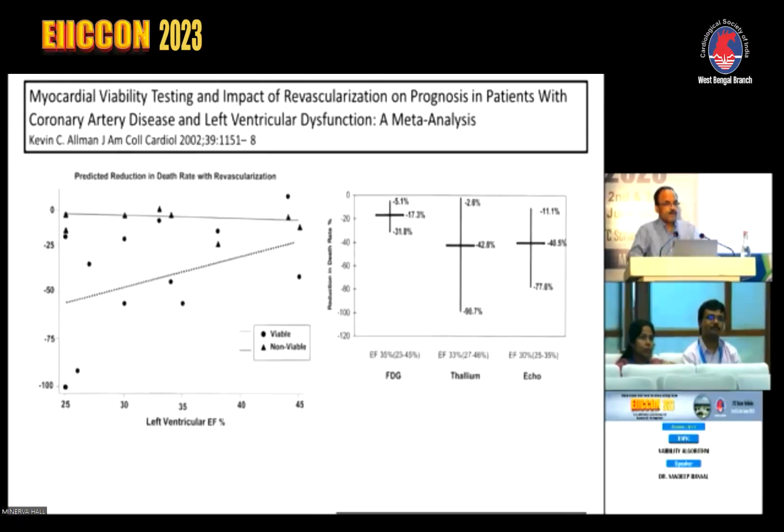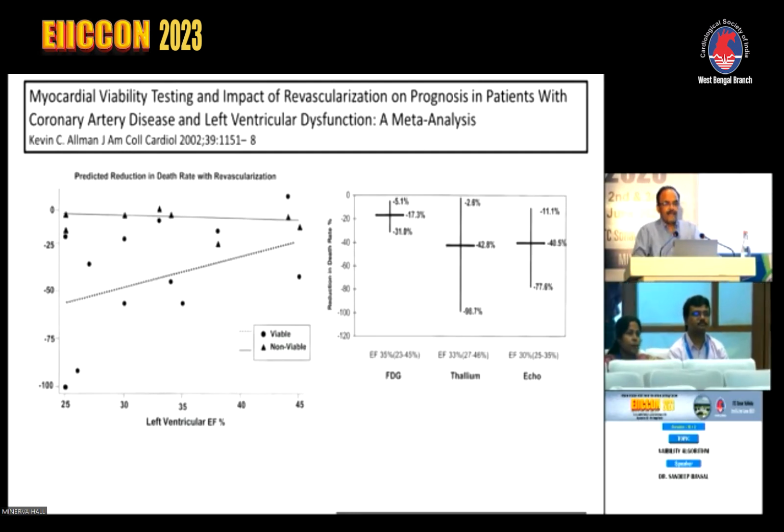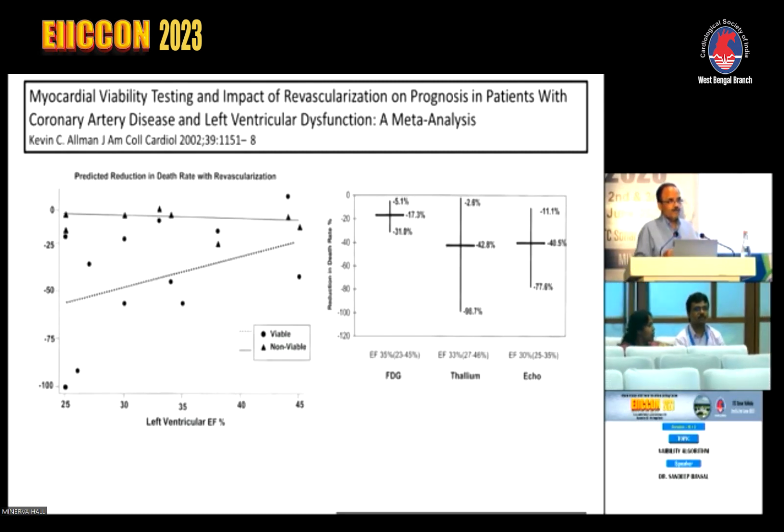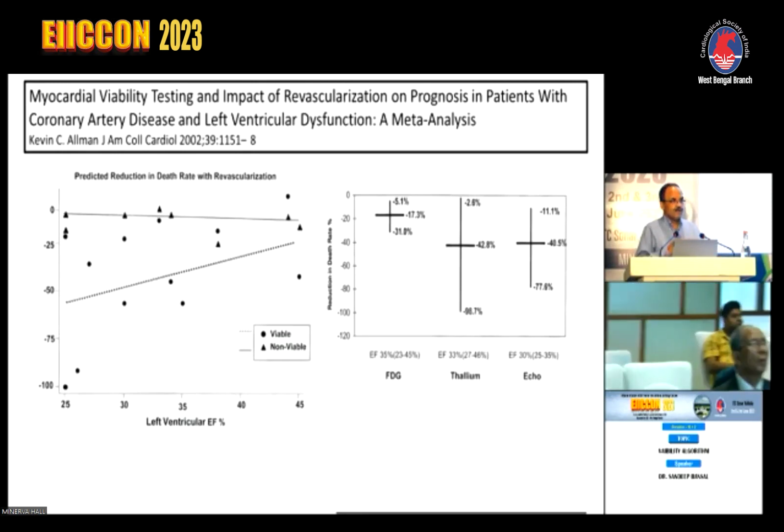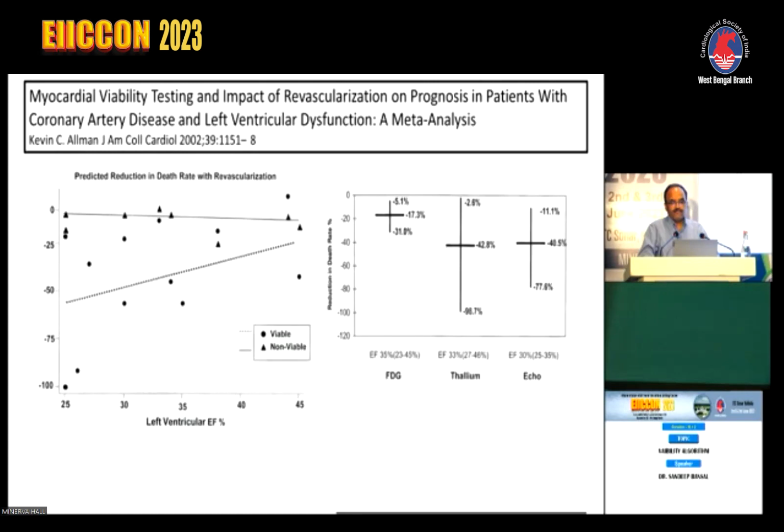Now, further, it has been seen that if you consider viable segments, then the predicted death rates actually improve a lot. And on the right side are given the scatter bars, which show the scatter between the different modalities, the 95% confidence intervals.